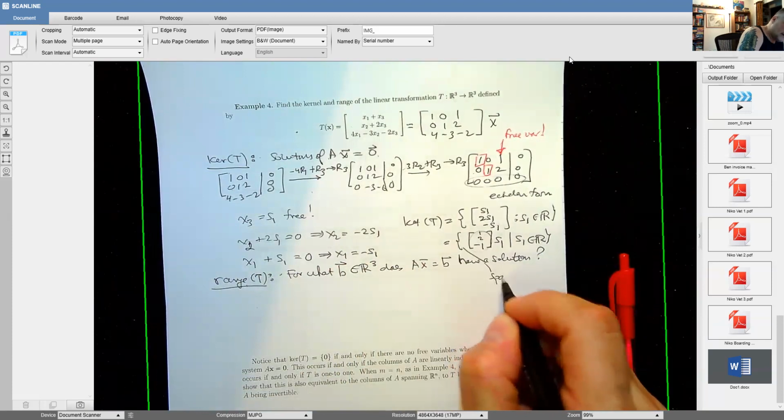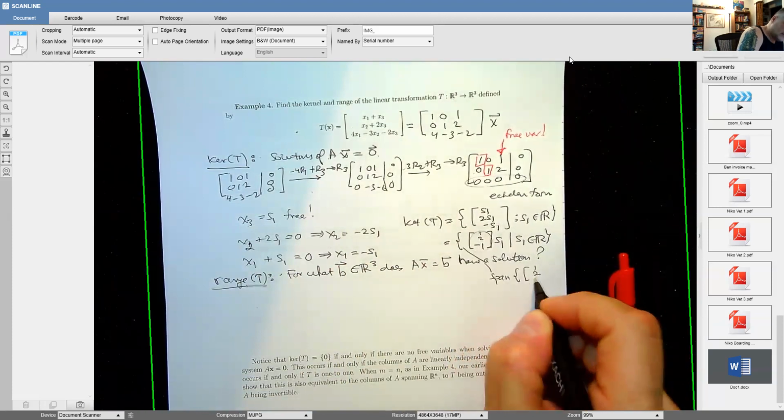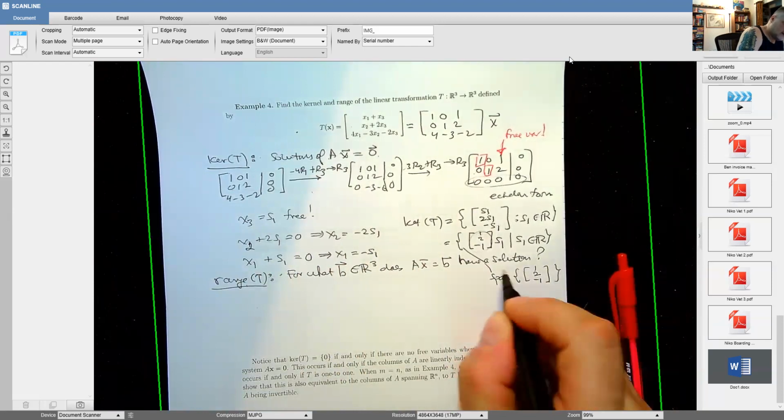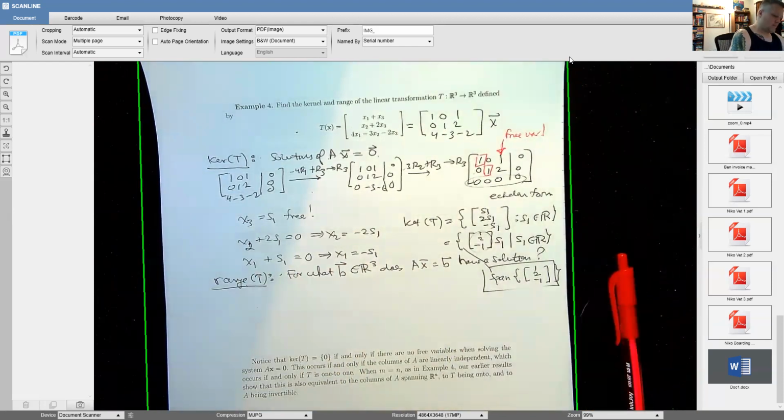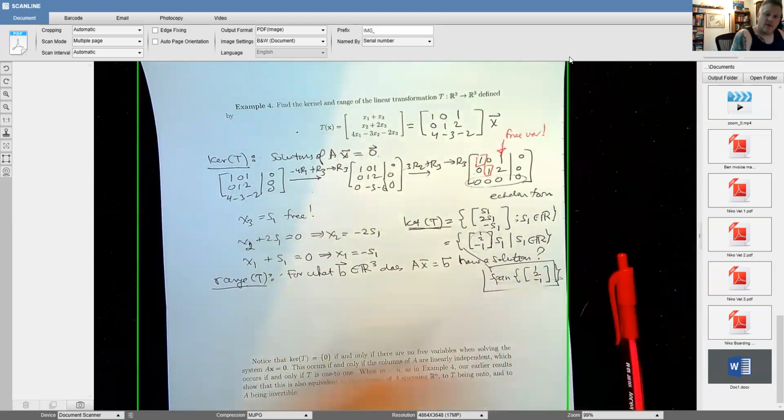Right, so that's the span of that singleton vector. All the scalar multiples of that vector is the span. All right, and so the kernel as being a subspace is the span of that vector.